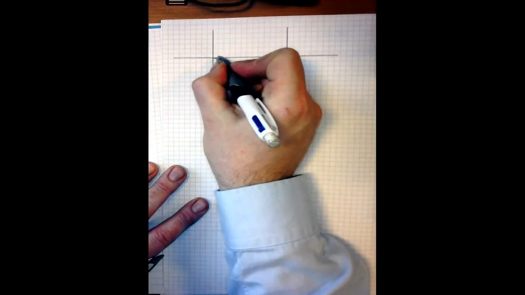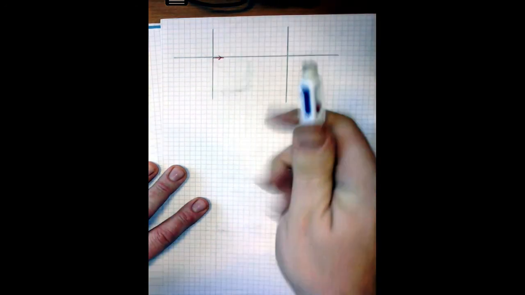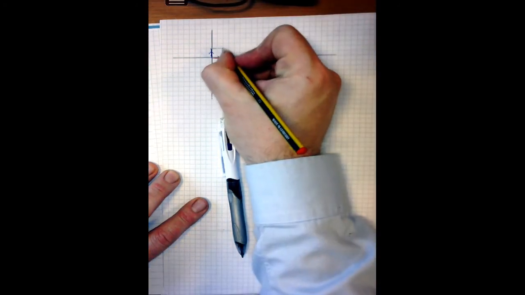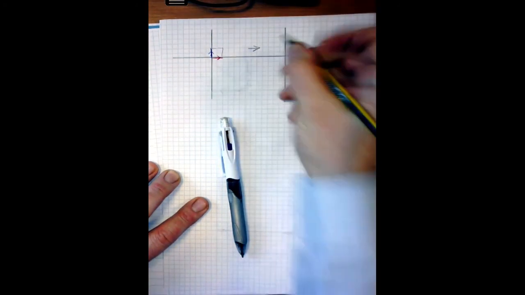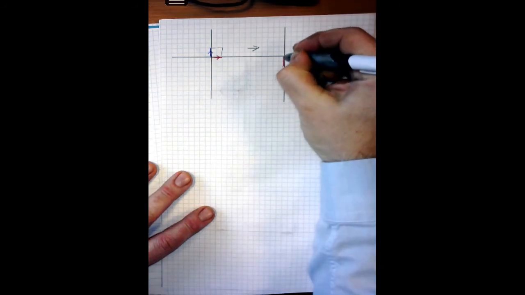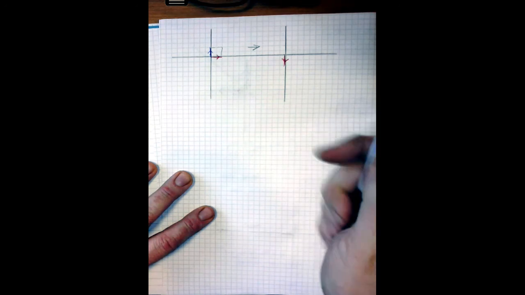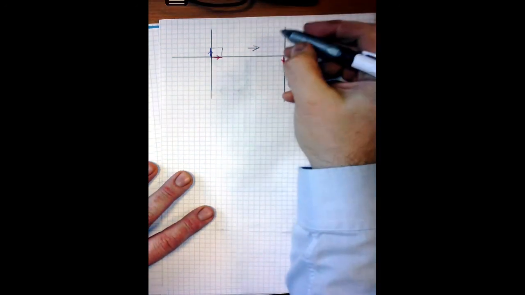I'm starting with 1, 0, 0, 1. There's the square. It's been transformed to 0, minus 1 and minus 1, 0.